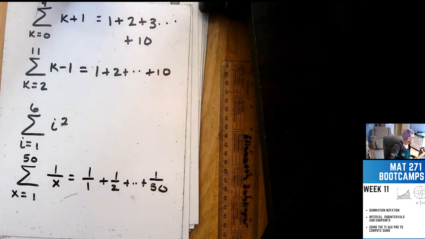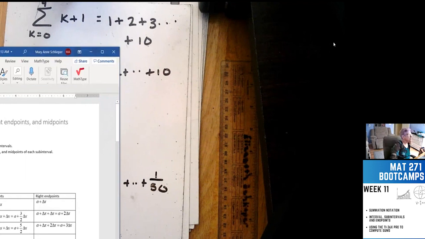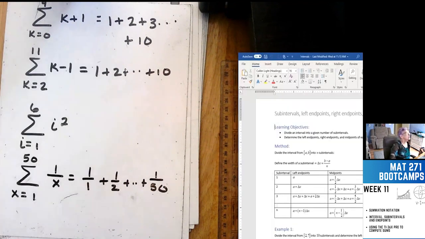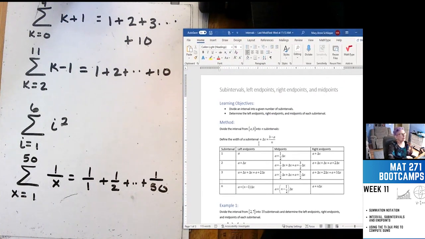So let's next talk about intervals and subintervals, because we'll be taking an interval and dividing it up into pieces, and we want a way to represent the left endpoints, the right endpoints, and the midpoints of those intervals, and to determine where they are.